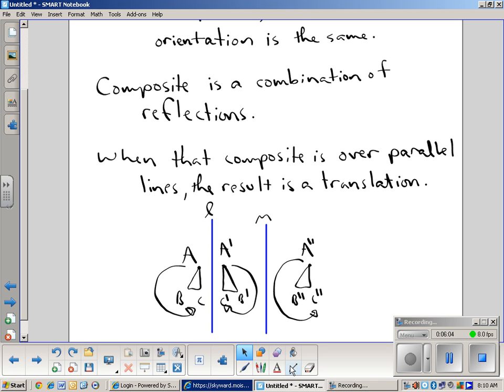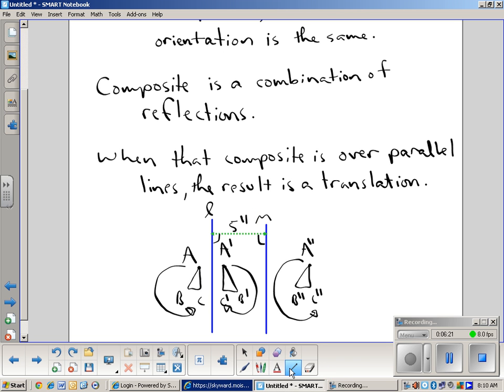If this distance between these two lines was, say, 5 inches. By the way, to measure the distance, it'd have to be perpendicular lines.